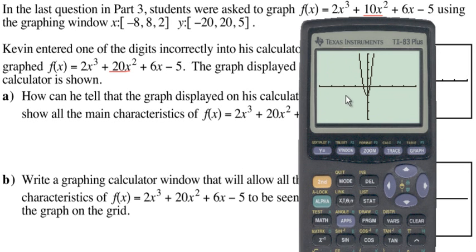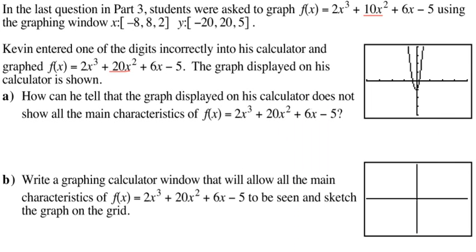And we aren't seeing that, so we know we're in trouble. So there are a few answers that you could give for A. I would say the end behavior is the one that should immediately set off alarm bells. This curve you would expect to do something like that if this is really a cubic with positive coefficient.